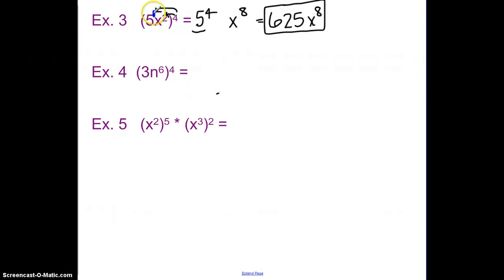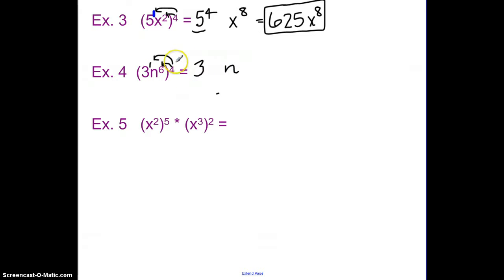Now a lot of people forget to do that 1 with any numbers or letters in there that don't have exponents. That's really important. Now I'm going to add a 1 here down on number 4 because 3 does not have an exponent. And this is one where I have to go through, and that 4 is going to deal with both the 1 and the 6 that's there. So my bases are going to be 3 and n.